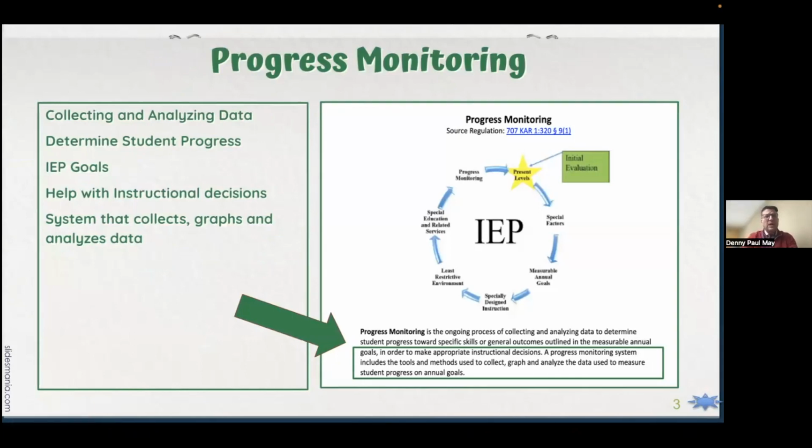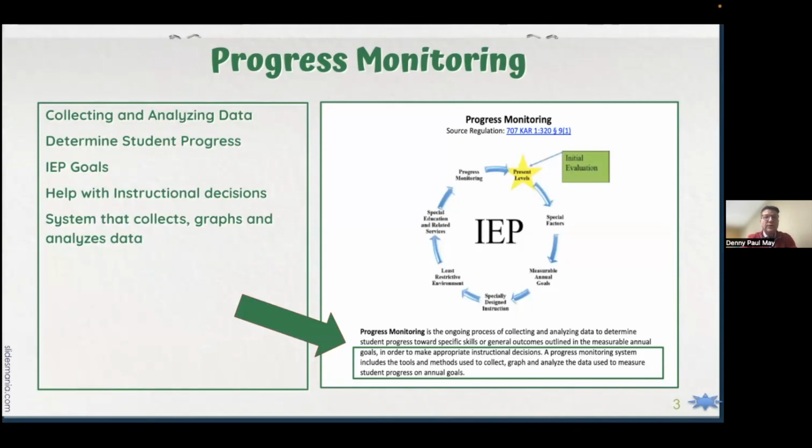Progress monitoring is our evidence on IEP goals. Students with disabilities have IEPs, and we understand that students with disabilities are afforded a free, appropriate public education.